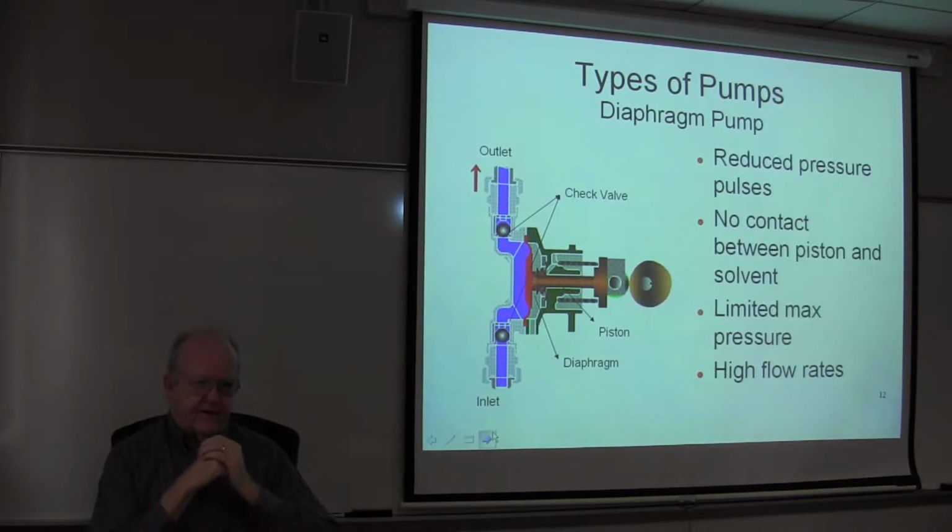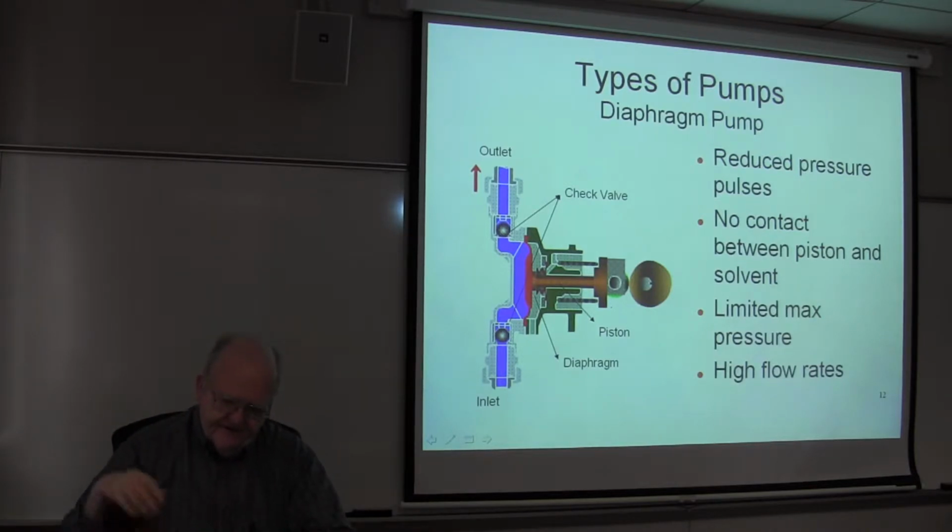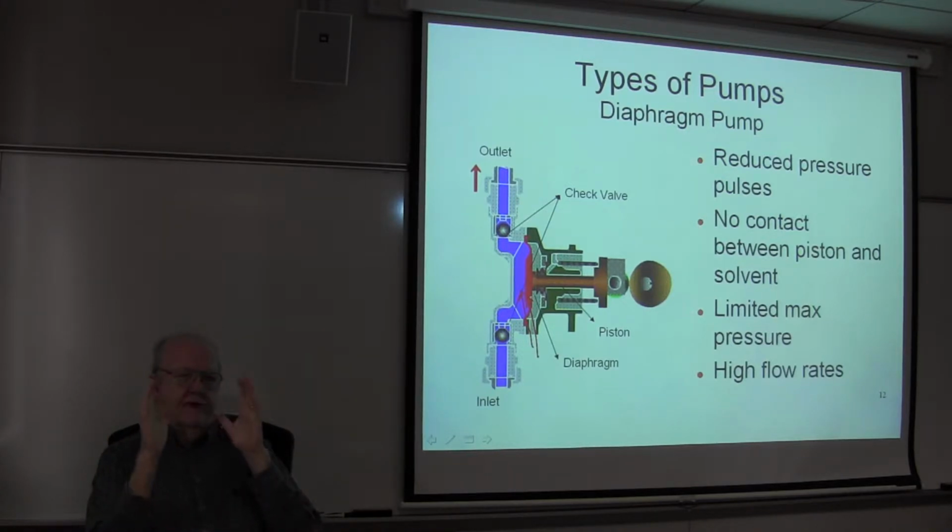Another device that was used extensively, but I don't think anybody's using it anymore, is a thing called a diaphragm pump. Basically it's a piston type of device, but the piston compresses a fluid that's in a sealed chamber, and the oil behind the membrane is being compressed, and it pushes against the fluid that you're pumping.